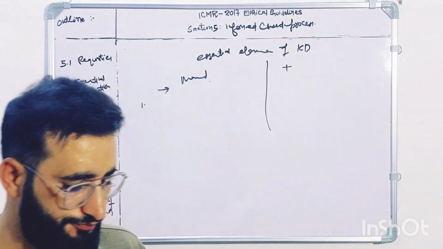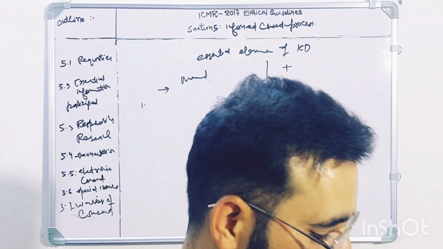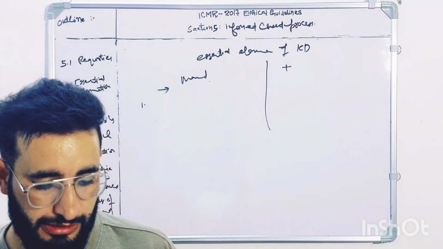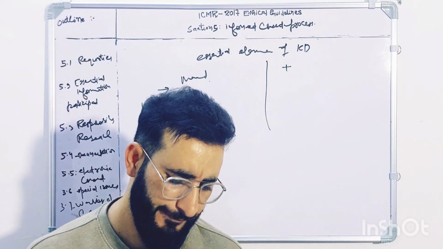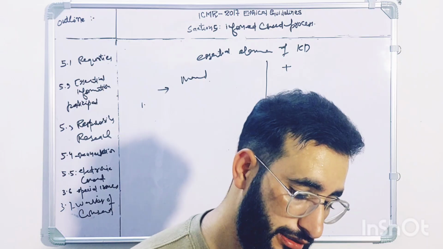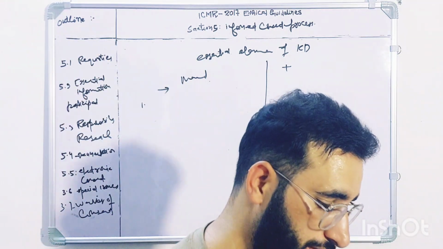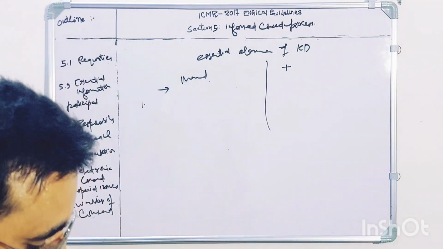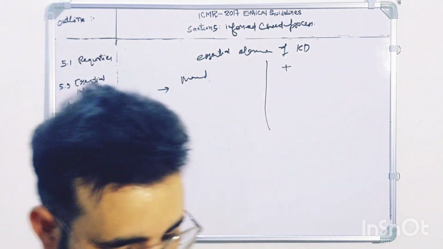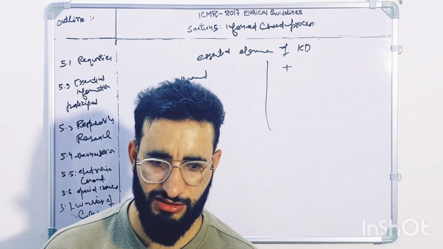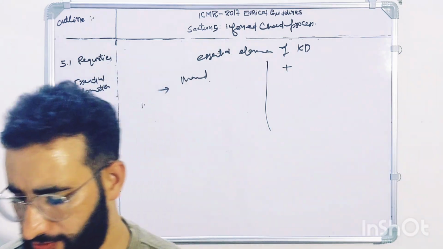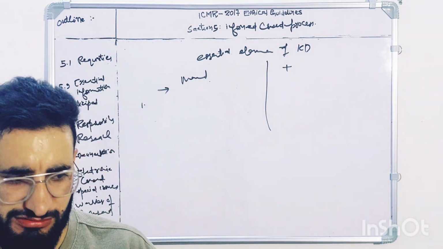And then, the possible extent of information on possible current and future use of biological materials and data generated for research. For example, any other information gathered from biological materials and data generated from the participants has to be mentioned, like any other use.